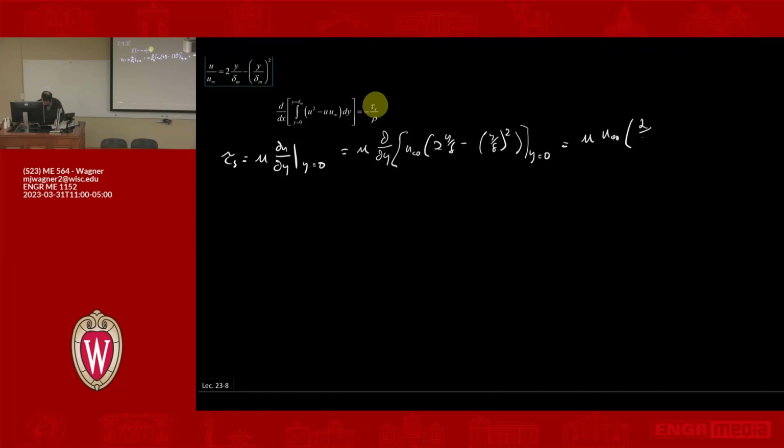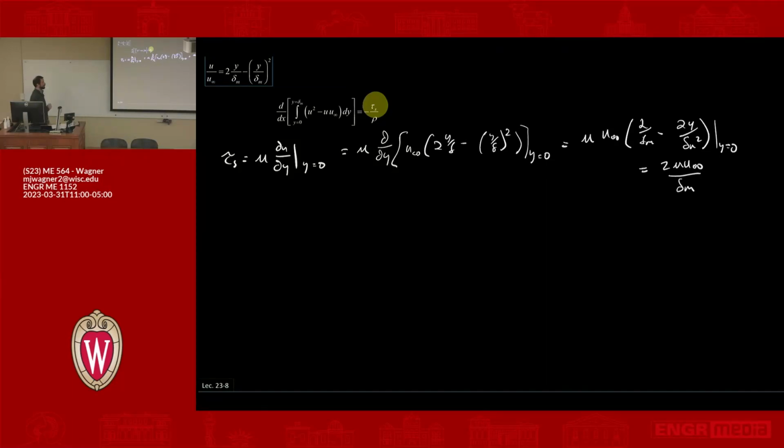We have 2 over delta m minus 2y over delta m squared, still all evaluated at y equals 0. And then the last simplification is that it's equal to 2 mu u infinity over delta m.